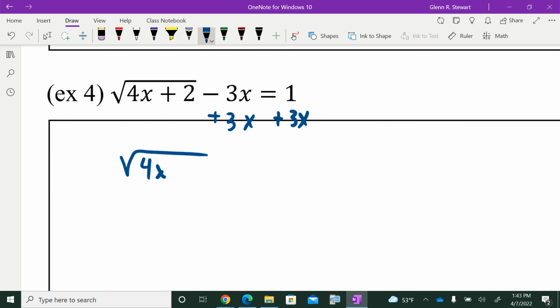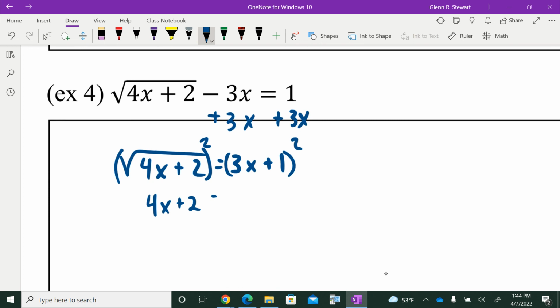So I get 4x plus 2 equals 3x plus 1. I'm going to square both of these. I end up with 4x plus 2 equals 3x plus 1 times 3x plus 1. Okay.